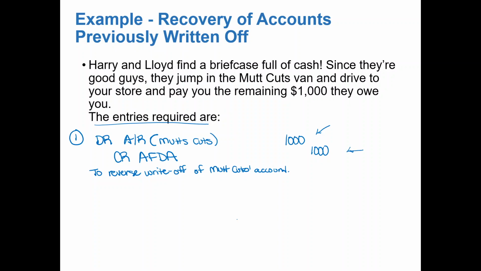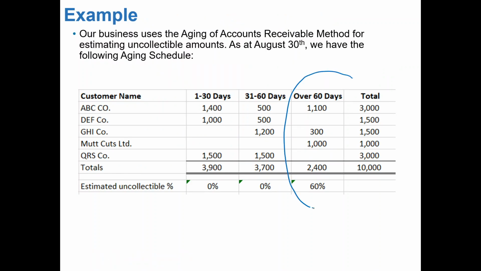And for the AFTA part, well, now we're putting it back in that pool because we thought we knew who wasn't going to be collectible, but we actually don't. So of this amount that was in over 60 days, we thought we knew that this amount wouldn't be collectible, but that's not actually the case.